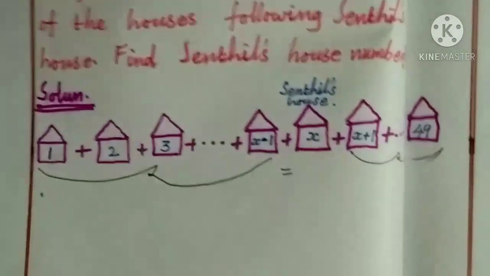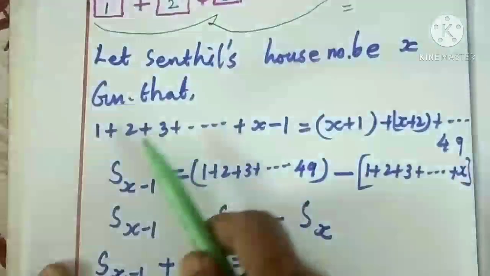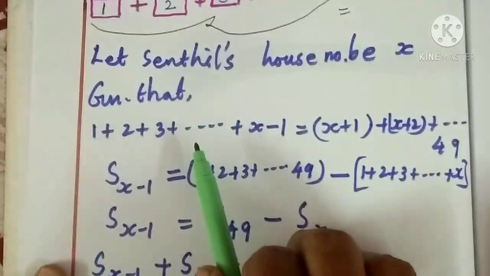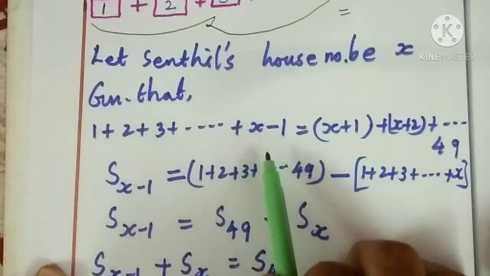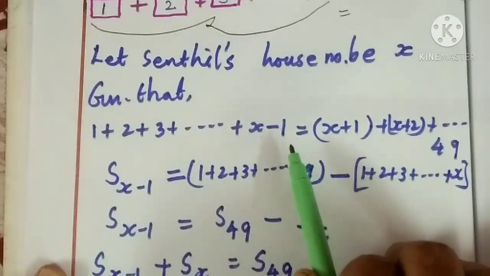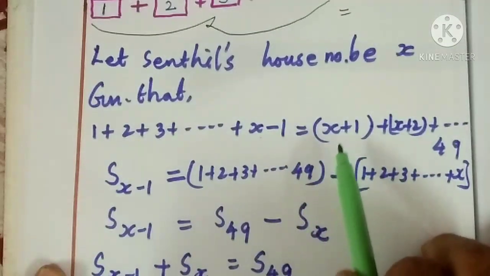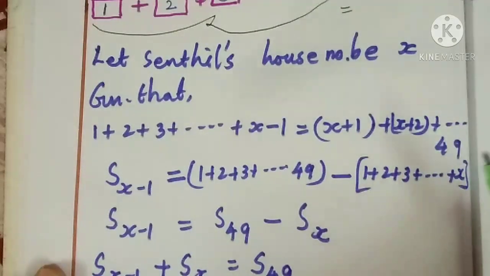Let us do the solution. Let Senthil's house number be x. Given that the sum before Senthil's house, 1 plus 2 plus 3 up to x minus 1, is equal to the sum after Senthil's house, x plus 1 plus x plus 2 up to 49.